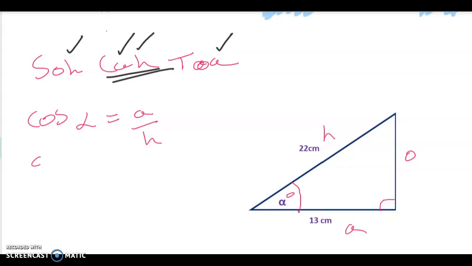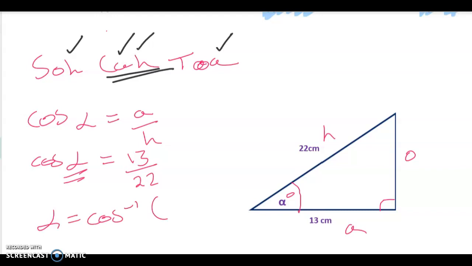Putting in everything that we've got, cos of alpha, because we don't know the angle, is equal to 13, the adjacent, over the hypotenuse, which is 22. Now with the sine ratio, remember we did our second function or shift sine, exactly the same for cosine. To get alpha on its own, alpha is equal to the cos inverse of 13 over 22.